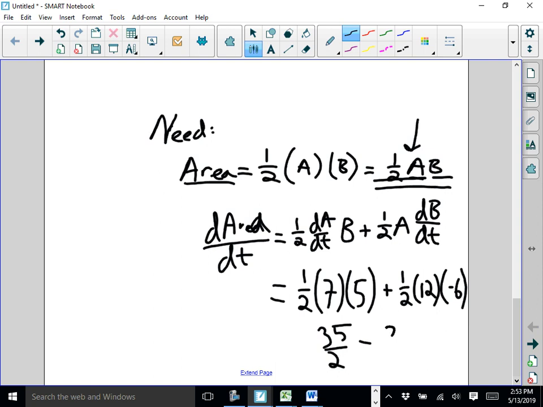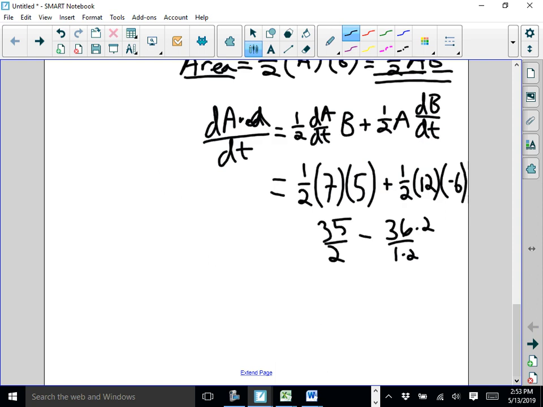If I needed to simplify, it'd be 35 minus 72 over 2. 72 minus 35, 12 minus 5 is 7. So my answer would be negative 37 over 2.